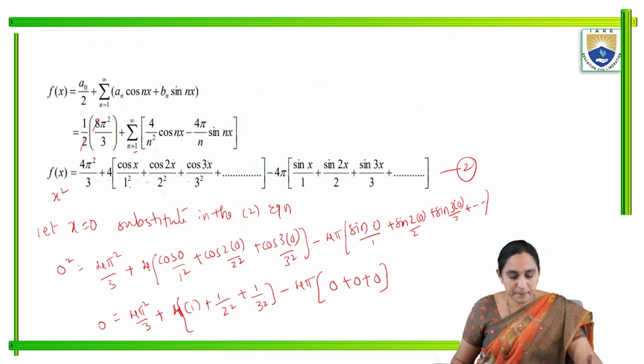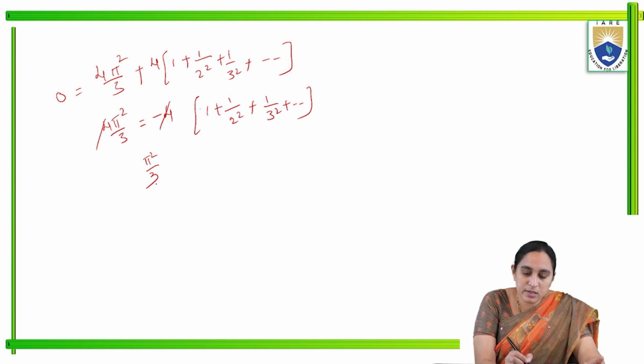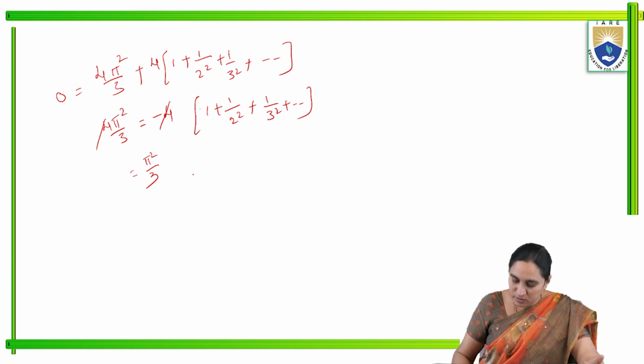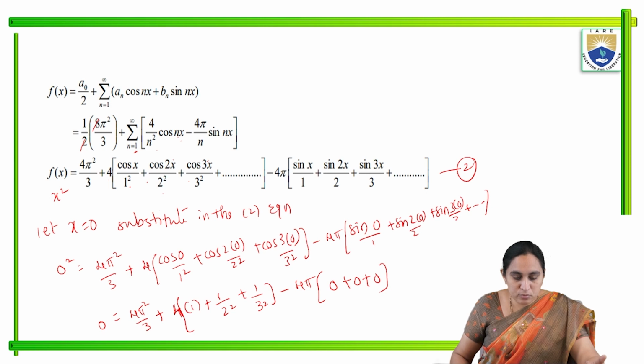Where is that? See, x square, let x be 0, that is 4 pi square by 3 plus 4 into 1 plus 1 by 2 square cos 2x, 1 by n square cos nx.